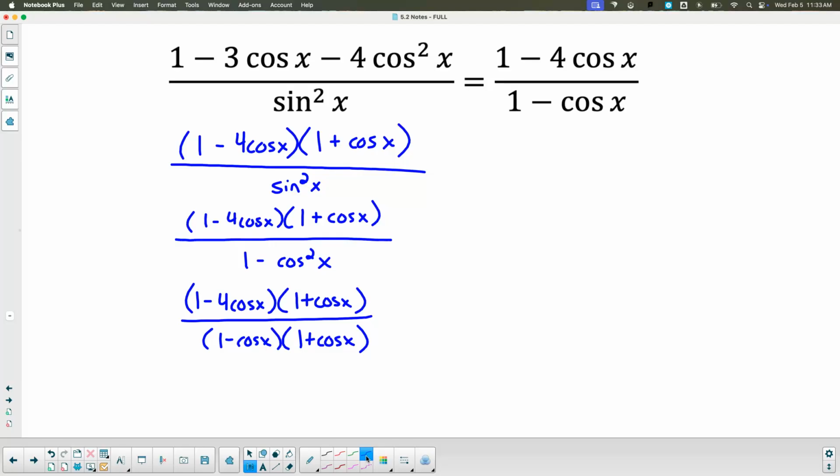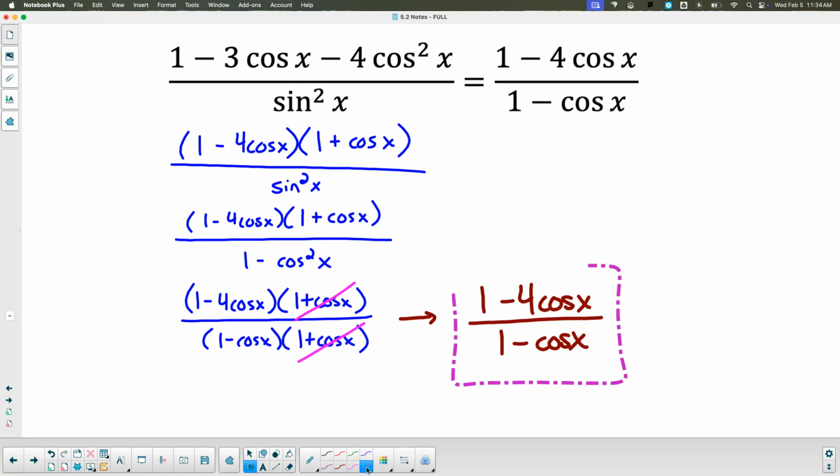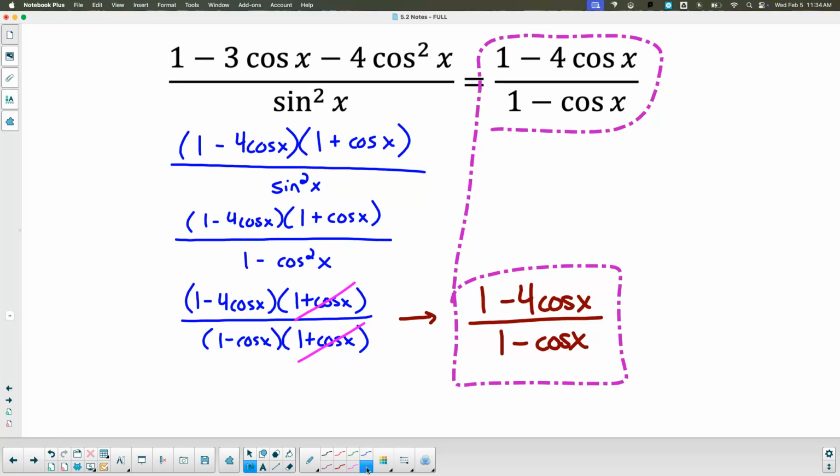Then that allows me to cancel out the 1 plus cosines of x, leaving me with 1 minus 4 cosine of x all over 1 minus cosine of x, which is what is needed.